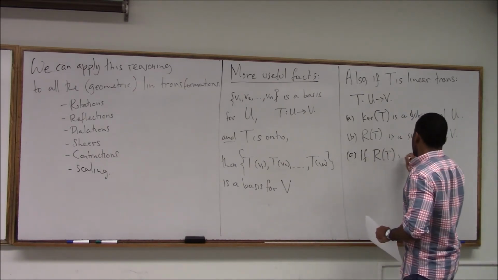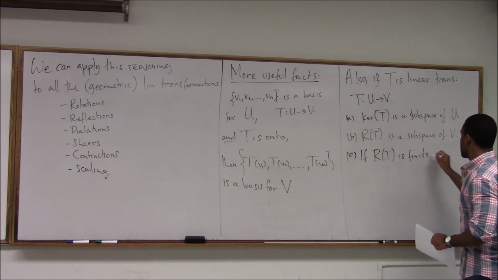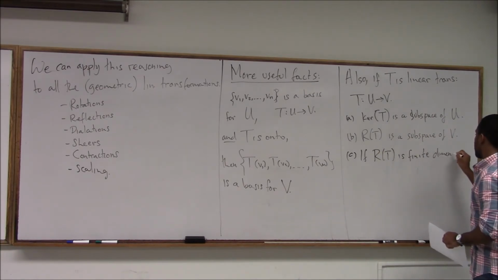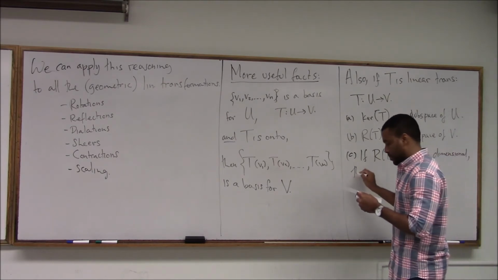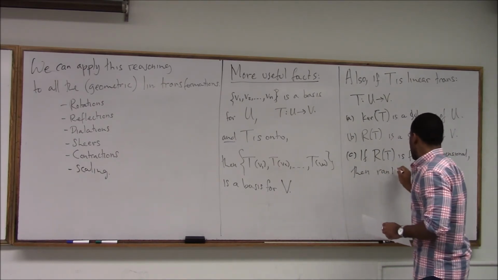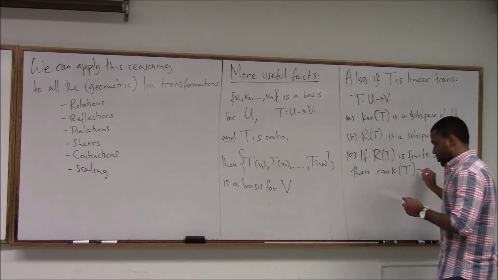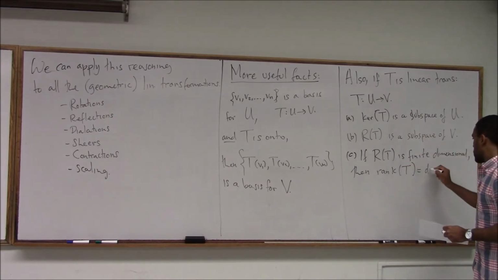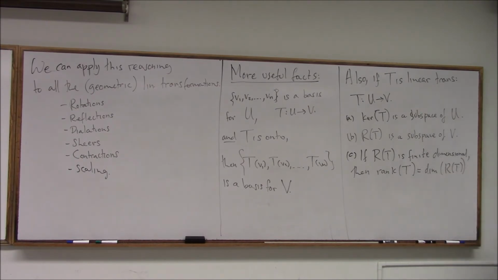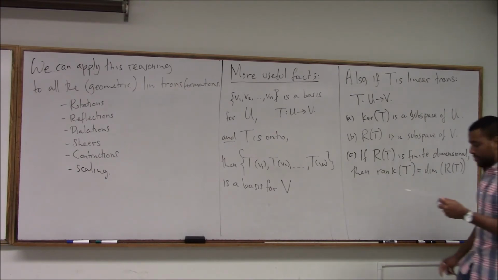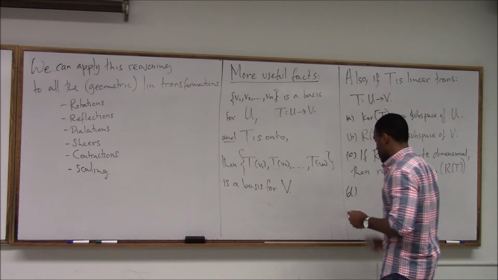If R of T is finite dimensional, the rank is equal to the dimension of R of T. That's kind of like me saying the rank is equal to the number of non-zero rows.